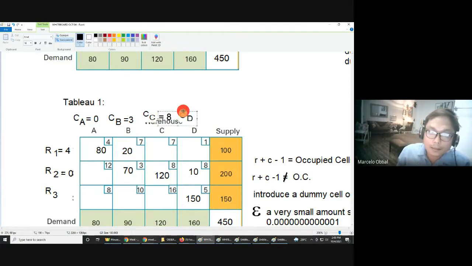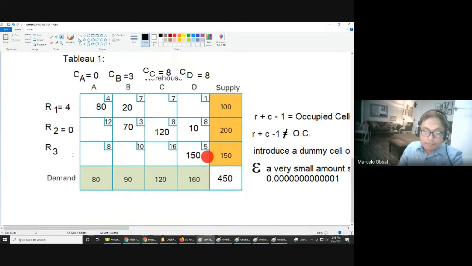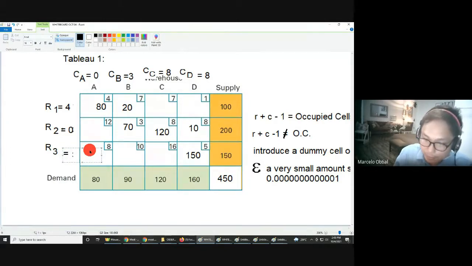Next, I think we can move here. So 8 minus 0, it will also give us 8. Next, I think we don't have any option but to move down. 5 minus 8 will give us negative 3, correct?